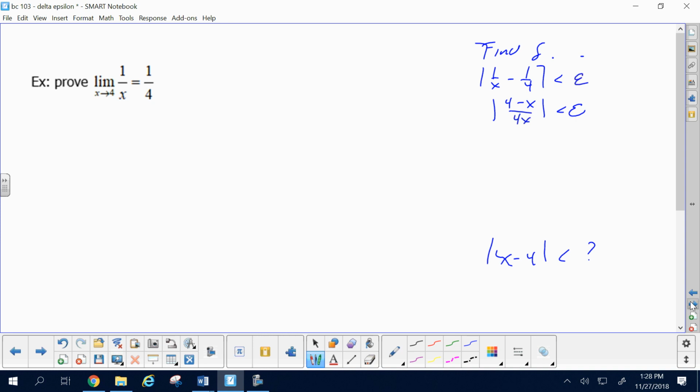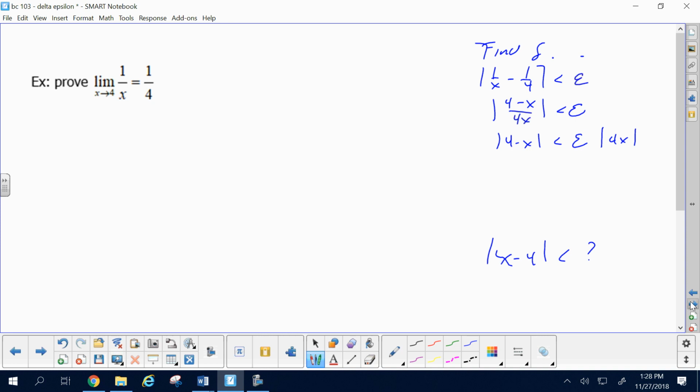Now we're starting to get somewhere. I'm seeing that x minus 4 happen, sort of. What should we do next? What do you want? You want x minus 4, right? So what would it make sense to move? The 4x, okay. So |4 - x| is less than epsilon times 4x.